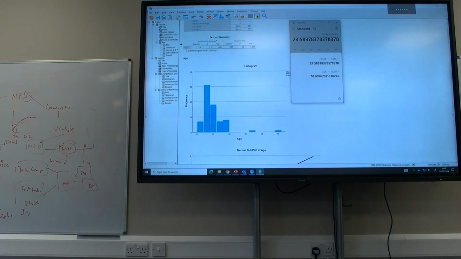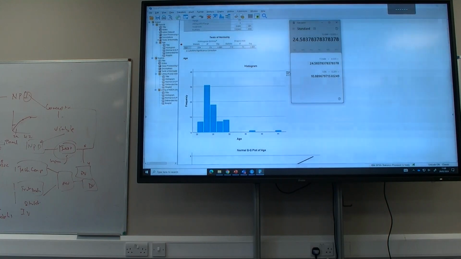Okay, so this Sig is your p-value, which is a probability. The Shapiro-Wilkes test tests whether your data are normally distributed. When you imagine that nice normal distribution shape on a histogram, the Shapiro-Wilkes test tests whether your data are close enough to that shape or not.